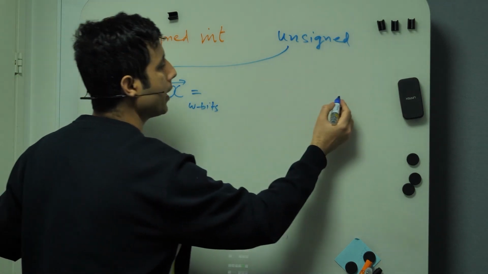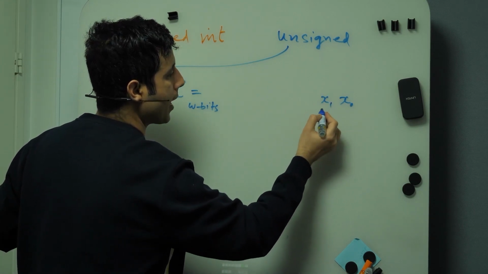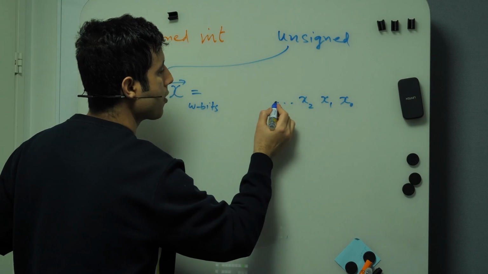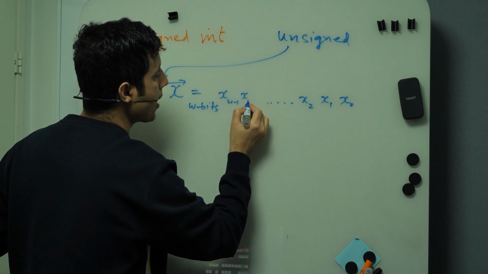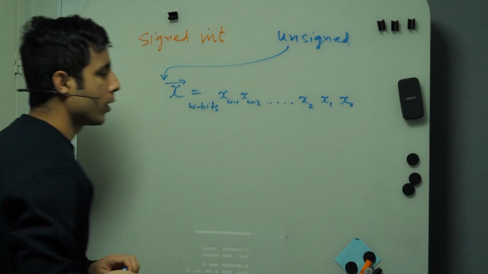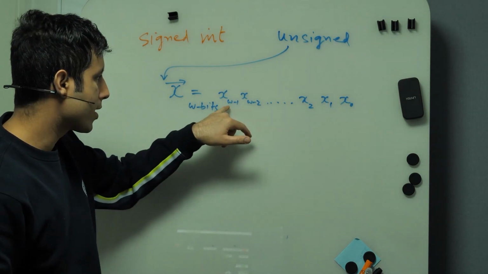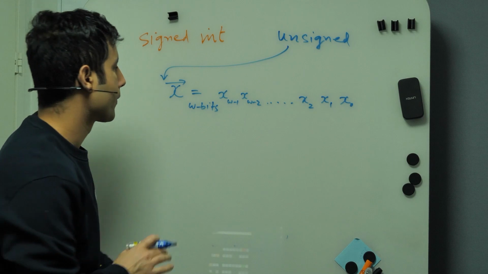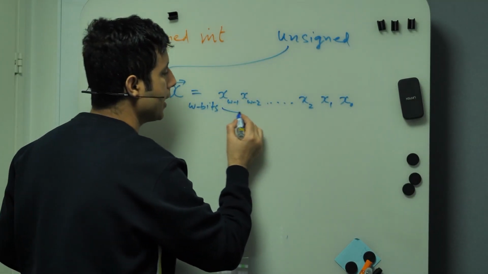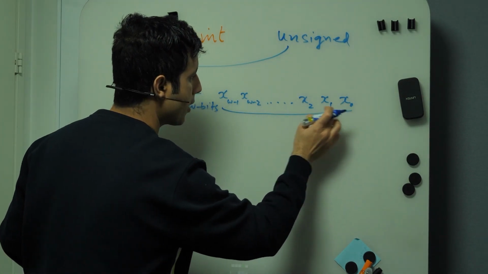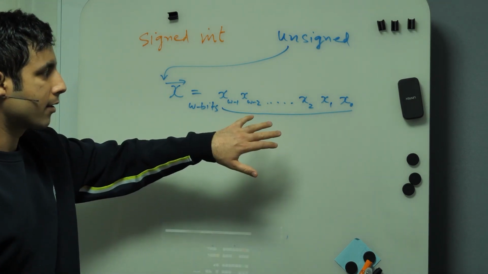Now each bit is either 0 or 1: the first bit is X0, the second bit is X1, X2, and so on. The last bit would be X W minus 1, the second last would be W minus 2. You see, the indexing we did starts from 0, so the last one is W minus 1, not W. Now this is a very generic pattern, right? These X0, X1, X2 are variables which can have bits as their values.